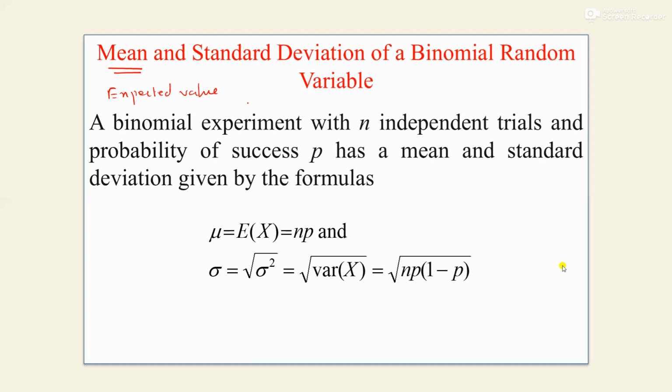So for a binomial experiment with n independent trials and probability of success p, the expected value is defined by np and the variance is np into 1 minus p.